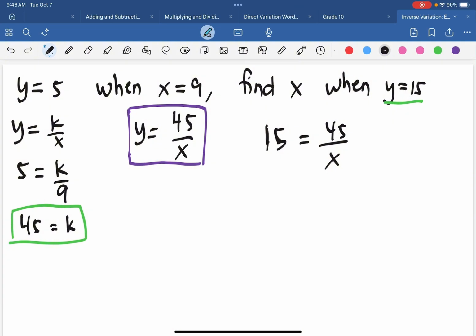Cross multiply still, so 15 times x is 15x equals 45. Then divide both sides by 15 so that our coefficient should just be 1. Cancel, cancel. We are left with x, and 45 divided by 15 is 3. And this is the value of our x.